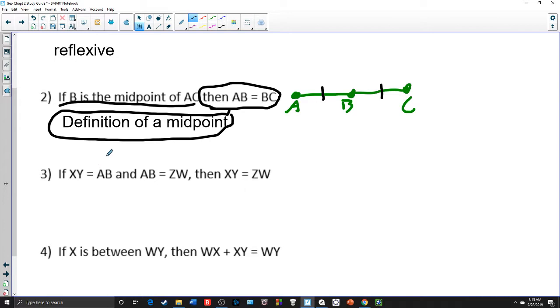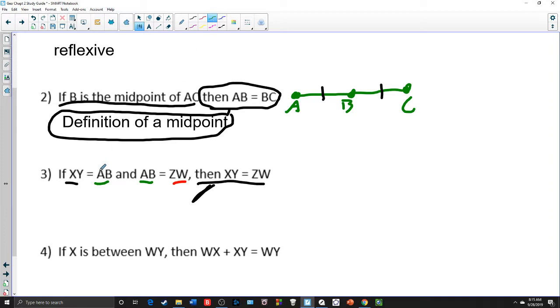If XY equals AB and AB equals ZW, then XY equals ZW. So how can we conclude this? What's the law that goes with that? Well, this is a case where you have three things. You have XY, you have AB twice, and you have ZW.